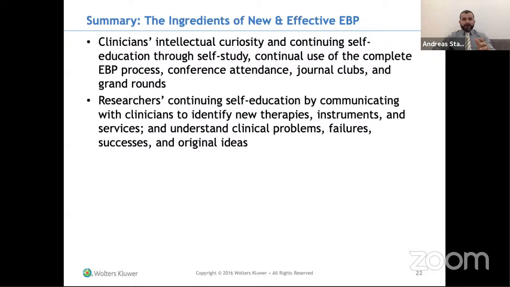That's why, as you see here, both of them have to be informed by themselves. Both of them have to practice the best way they can, and all of them can learn from each other. Clinicians will learn from researchers, and researchers will learn from clinicians. That's how it goes. One feeds the other.